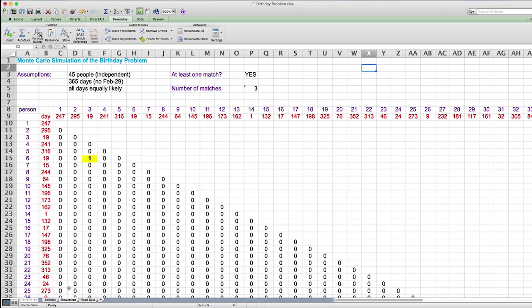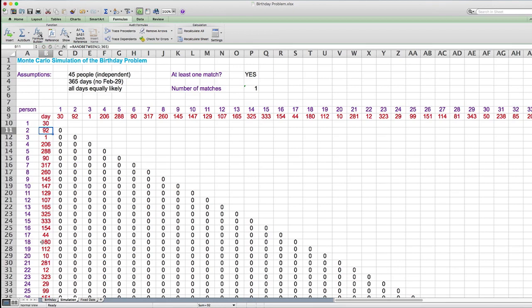Here I randomly pick 45 numbers, and that's very easy in Excel. There's this cool function RANDBETWEEN, and then I do 1 semicolon 365 here on this Swiss computer. In the United States it's 1 comma 365, whatever it is in your language, and this gives me a random number between 1 and 365. I do this for all 45 people.